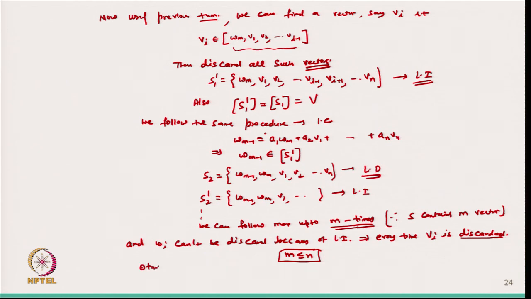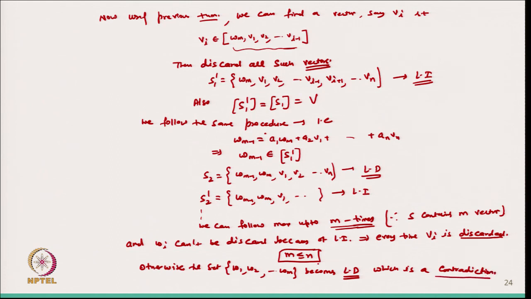Otherwise, the set W 1, W 2 up to W m becomes linearly dependent, which is a contradiction, because we have assumed that W 1, W 2 up to W m is linearly independent.